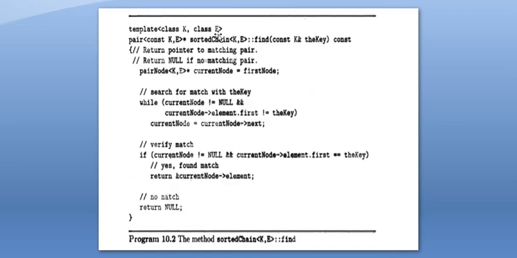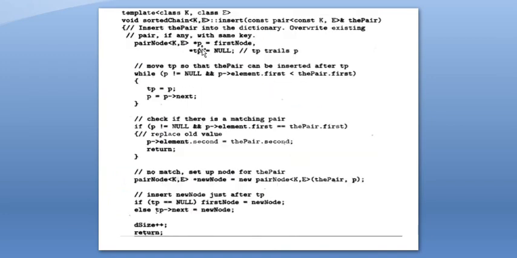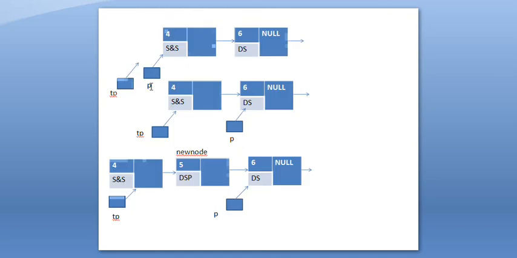So P is pointing to the first node. Always you will have a first node for a sorted chain, and P is pointing to that same node. We make TP null because it has to trail by 1 unit. So now TP is null, but P is pointing to the first node.